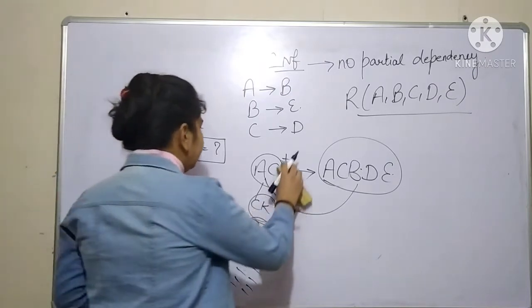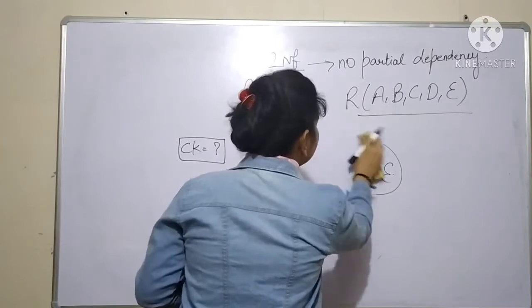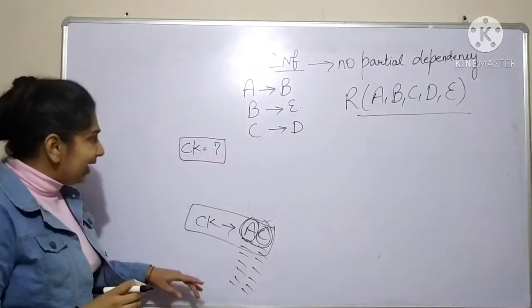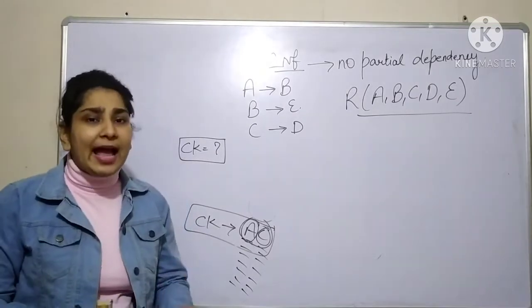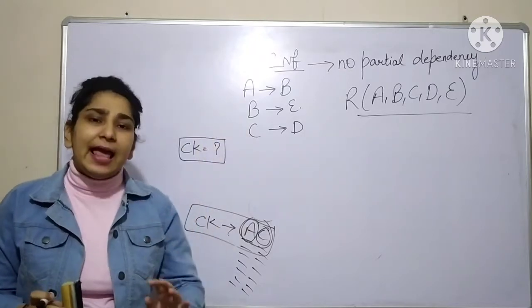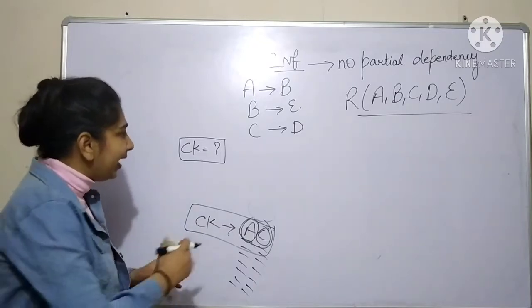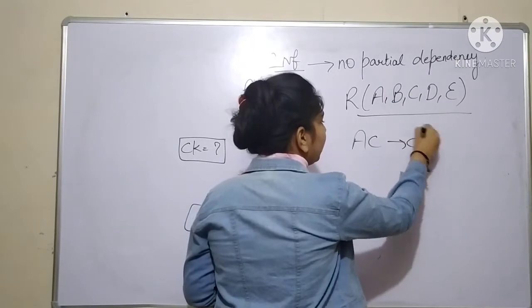Now we have calculated our candidate key. Now we have to check whether our relation is in second normal form or not. AC is acting as the candidate key together.